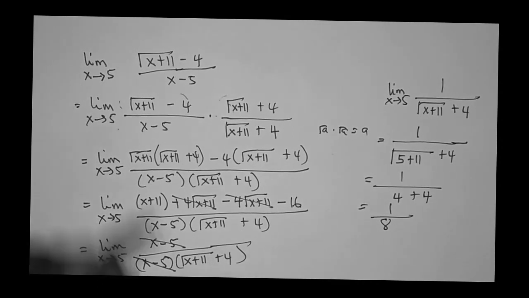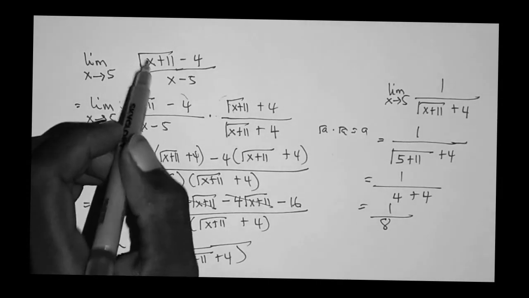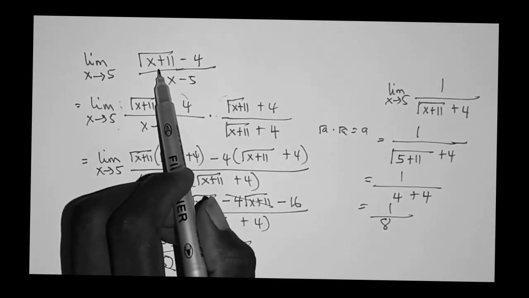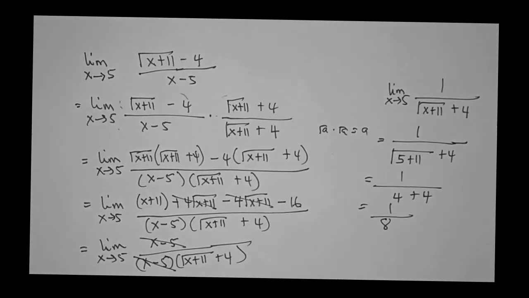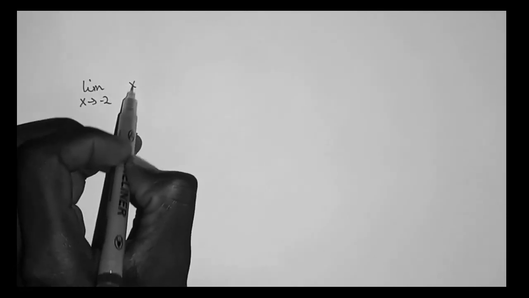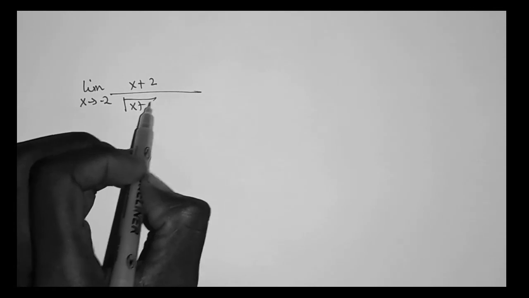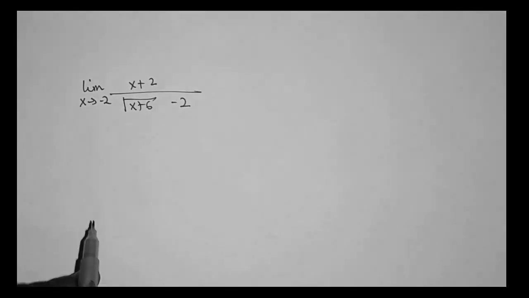And therefore, this limit as x approaches 5 of (root of x plus 11 minus 4) over (x minus 5) equals 1 over 8. So let us find the limit as x approaches minus 2 of (x plus 2) divided by (square root of x plus 6 minus 2).